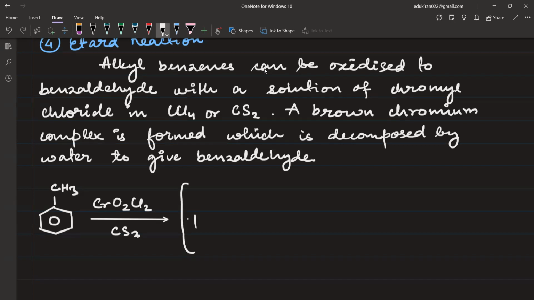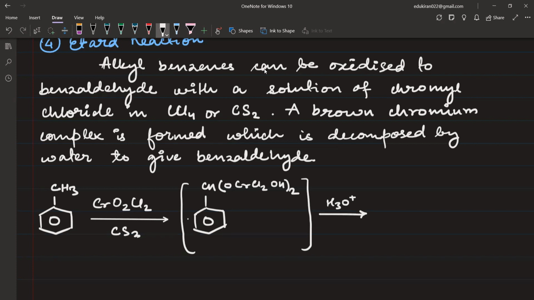And it gives a brown colored complex which has the formula C6H5CH(OCrCl2OH)2. On hydrolysis, that means addition of H3O plus, this gives benzaldehyde.